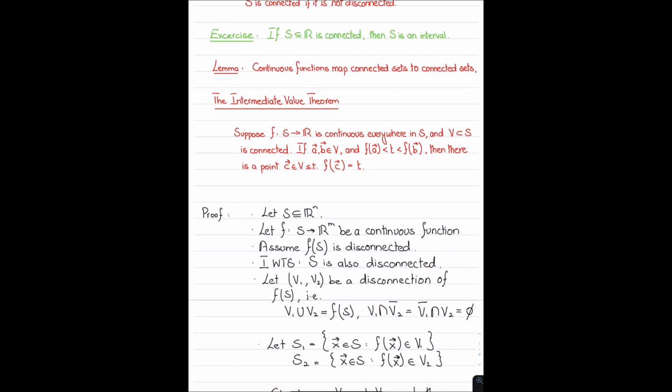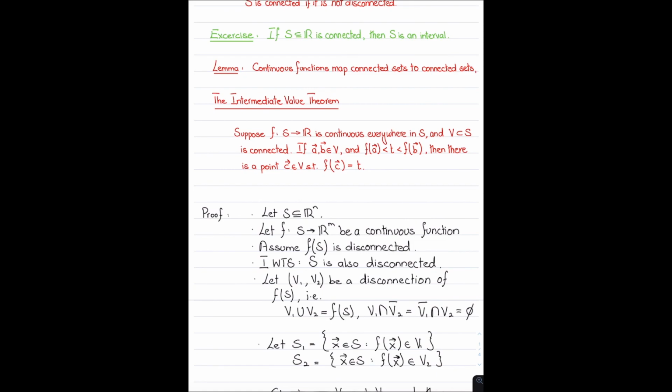That follows from this exercise, because remember, f of V is a subset of R. F is a function that maps from S to R, and V is a subset of S, so f of V is a subset of R, and thus f of V is an interval. And f of A and f of B are arbitrary points that lie in that interval, and therefore every point in between f of A and f of B must also be in the interval, and that's basically the proof.